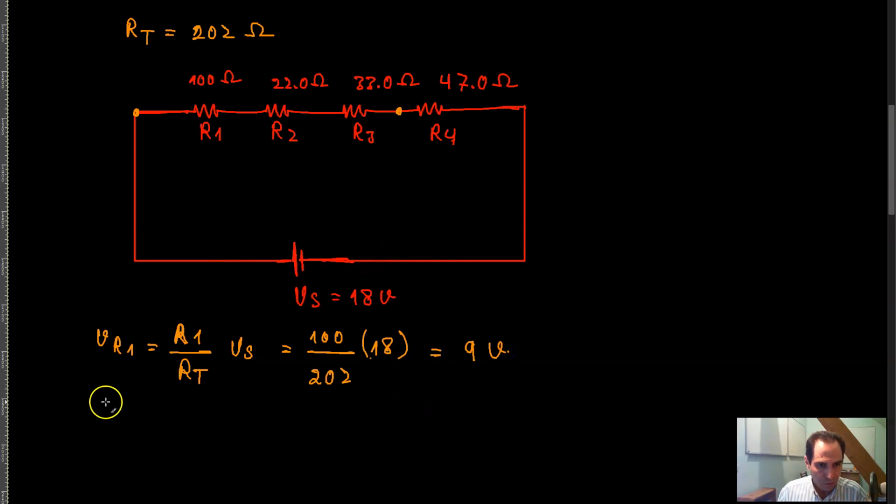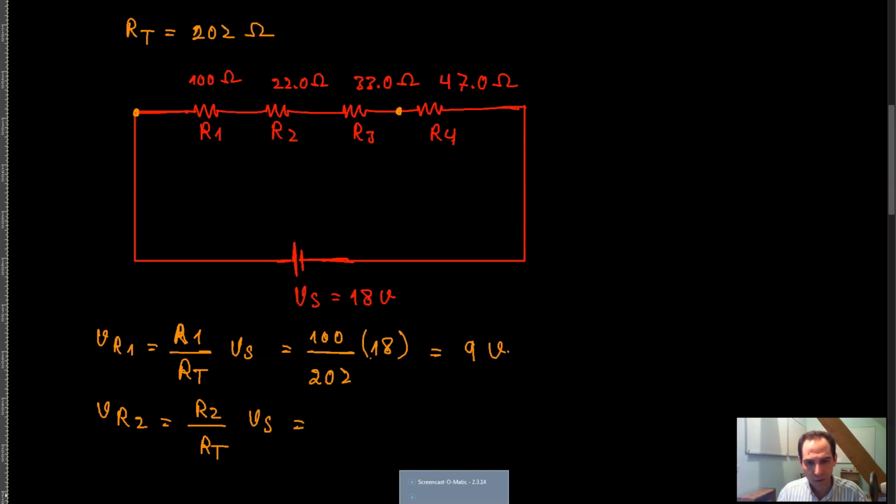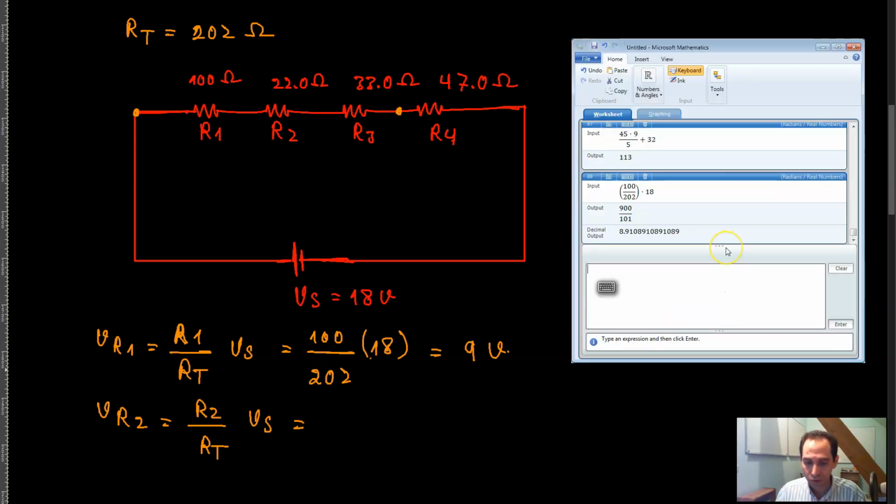Now V of R2, for example, would be again R2 divided by R of T times V of S, which is equal to 22 divided by 202 times 18.